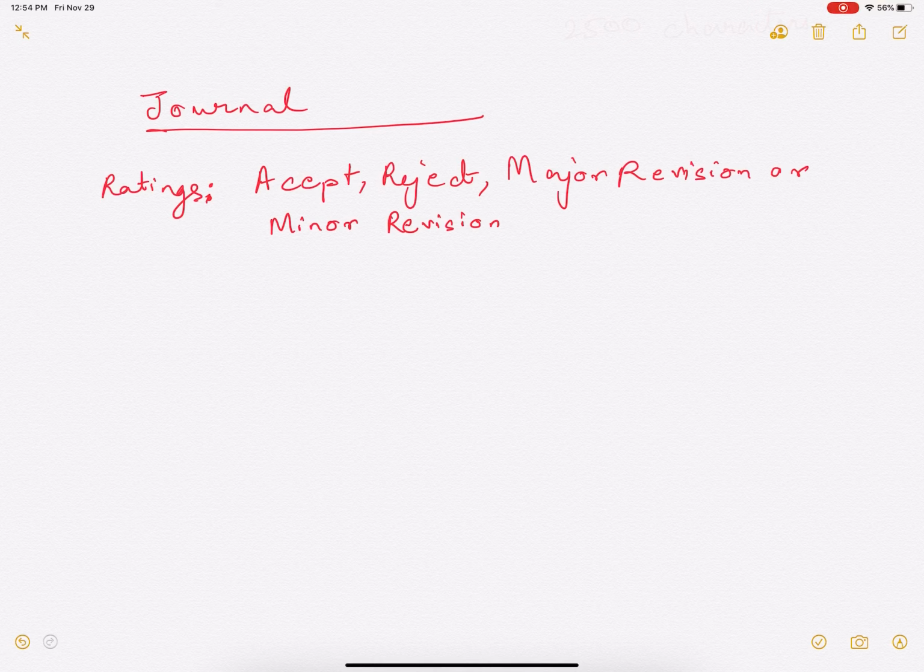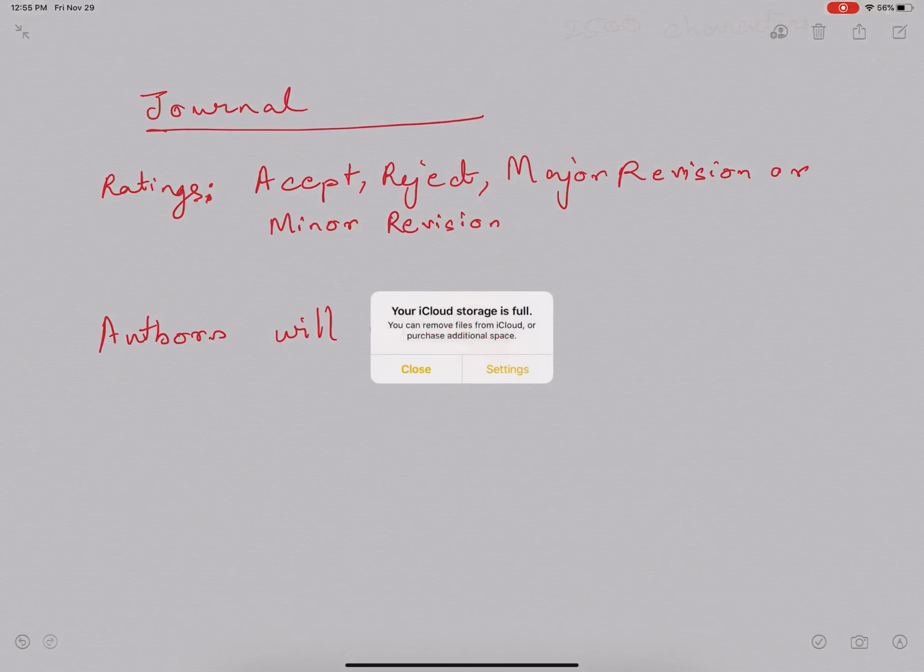Now, when you give a paper a major revision, the authors will usually submit a revised manuscript.